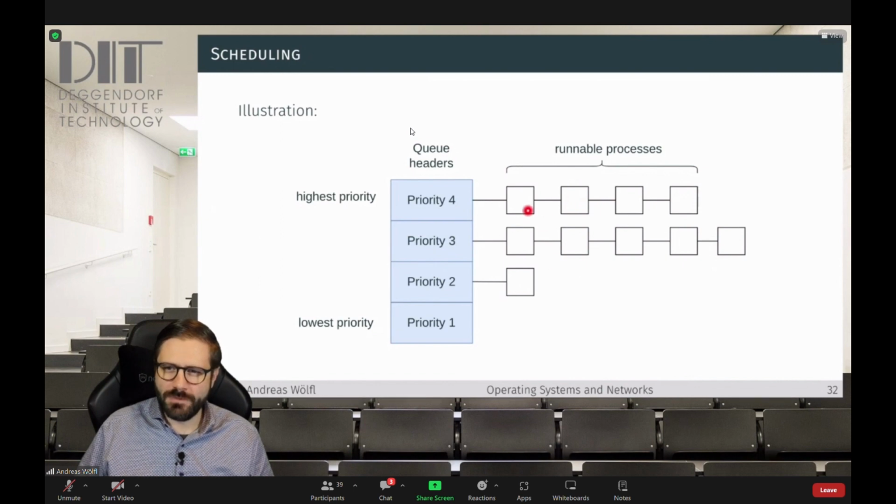In terms of execution, this means that at first we execute in a round robin fashion all the processes that have the highest priority. If there is no process left in priority 4, we switch the execution to priority 3, execute the processes there according to round robin, and then do the same for priority 2.